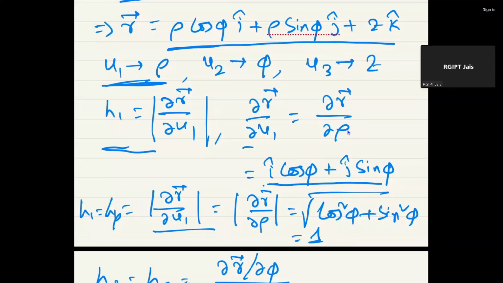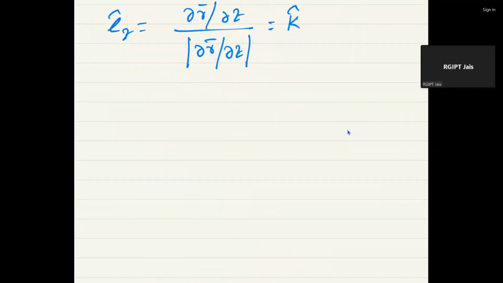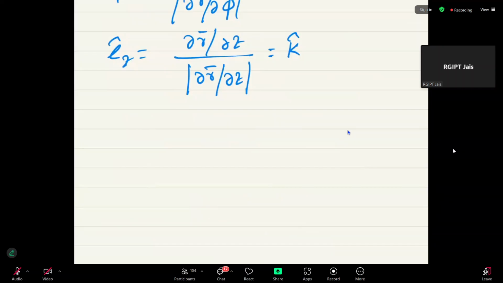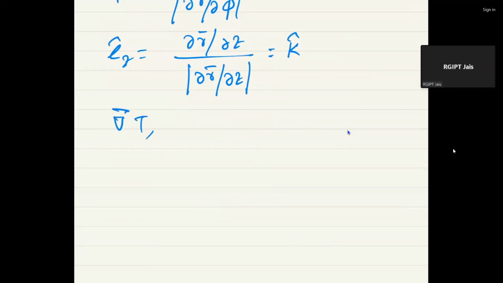The formula for the unit vector, and the expressions for gradient of T, divergence of A, curl of A, and grad square phi. You have to remember these. If you remember, it will be easier. Otherwise, you have to derive them yourself during the exam. These are fundamental mathematical concepts, and there is no other way around.